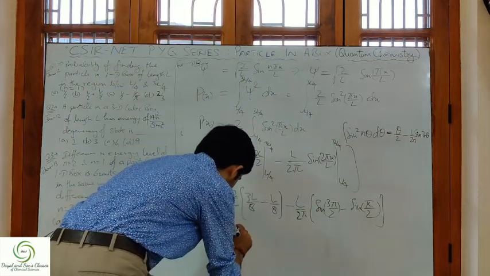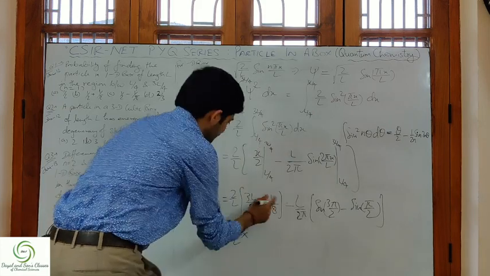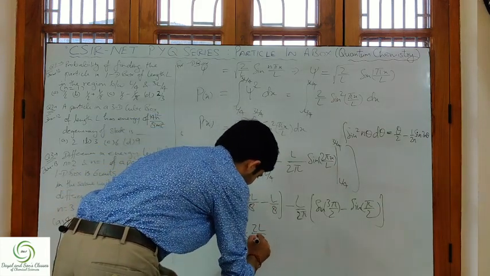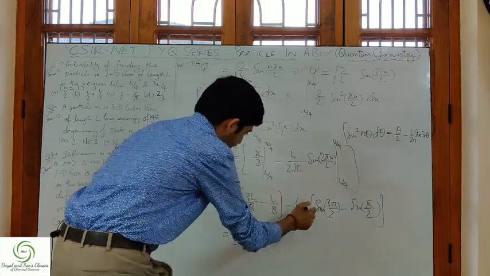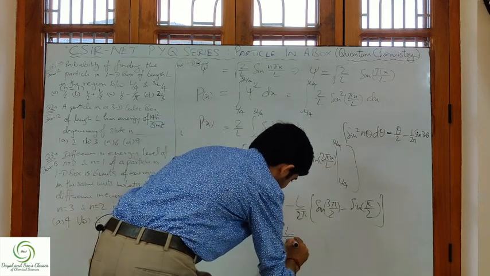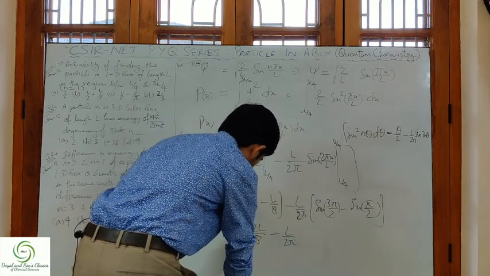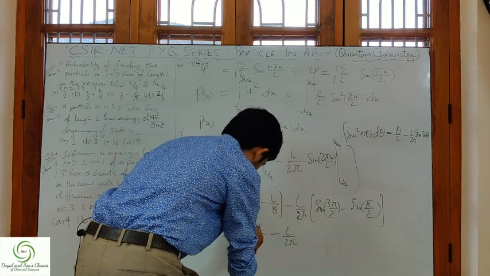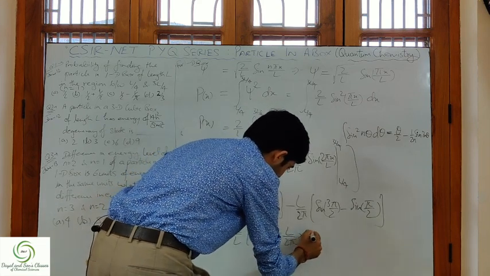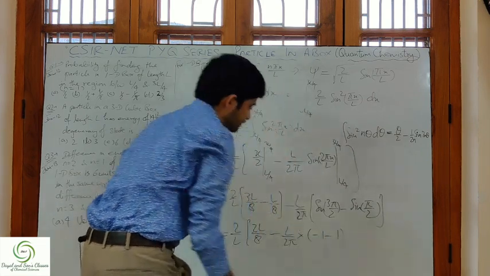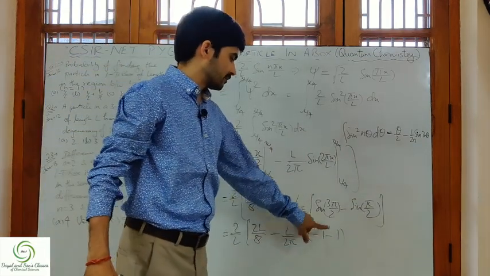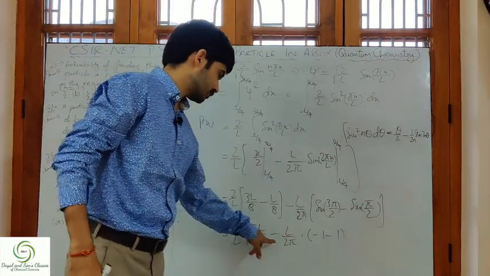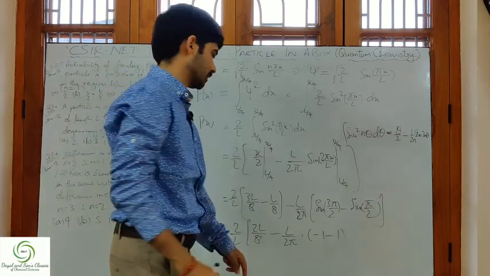So we get 2 upon L into 2L upon 8 minus L upon 2 pi into minus 1 minus 1. Minus 1 minus 1 gives minus 2 and minus 2 into minus 1 gives plus 2.